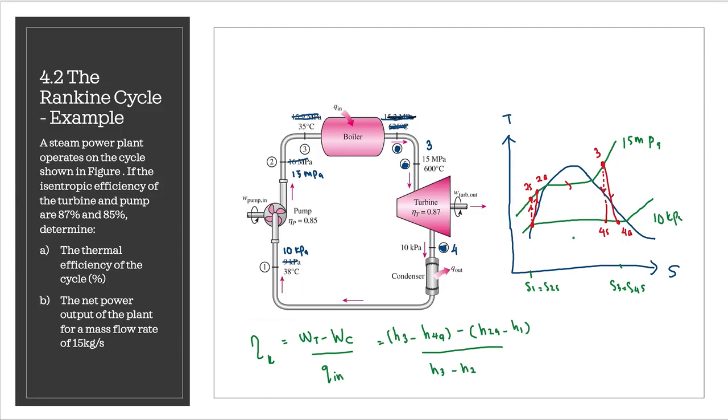It is because the liquid enters the compressor as saturated liquid. Okay, therefore we have to find H1 as HF at 10 kilopascal, and HF is 191.81, and the unit is kilojoule per kg.